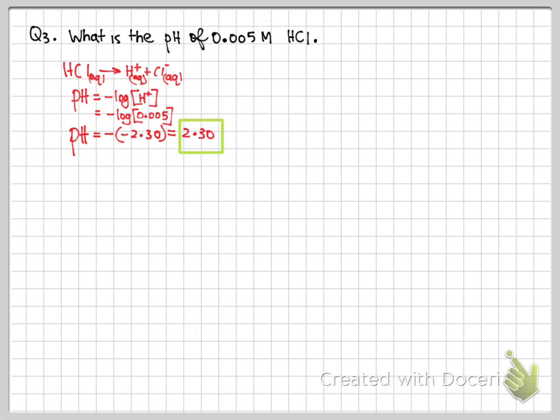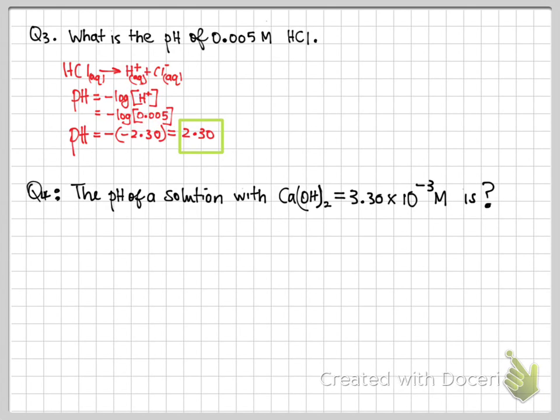So 0.005 molar is going to form 0.005 molar of H plus and 0.005 molar of Cl minus. So that is why for H plus I use 0.005 molar. Now pH, and after working on the calculator, you get a pH of 2.30.